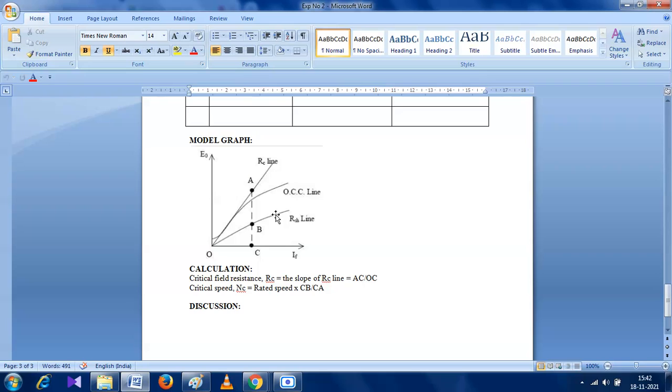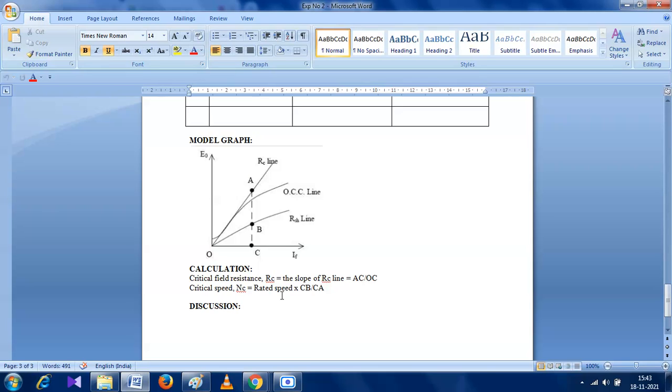Yes, sir. Then we have to calculate the critical speed. From the nameplate we get the rated speed also। एक्चुअली नेम प्लेट में रेटेड स्पीड कितना है वो भी लिखा होगा। From the nameplate we can get the rated speed, and what is the value of critical speed?